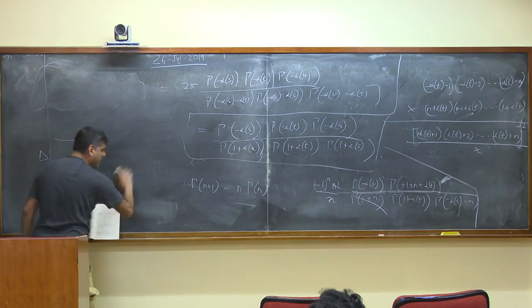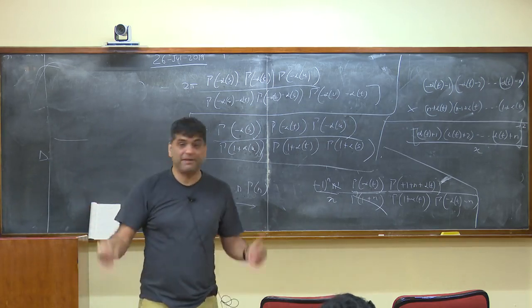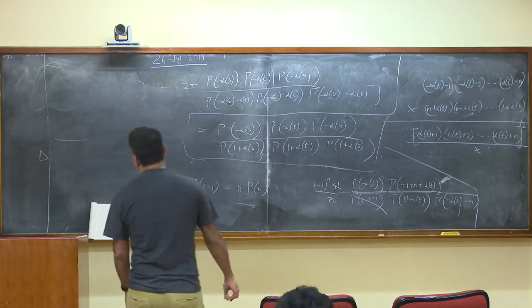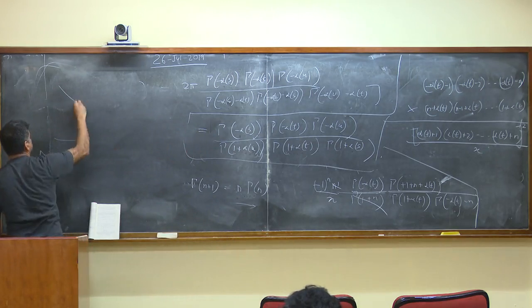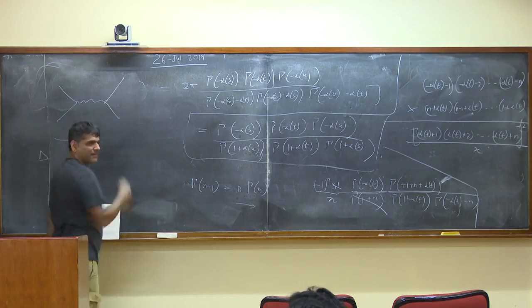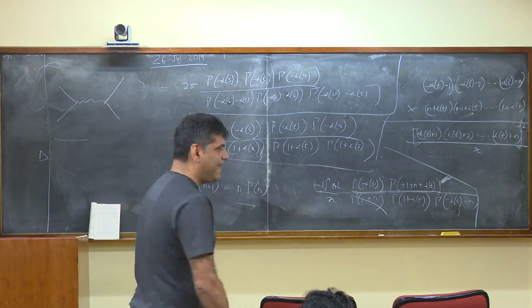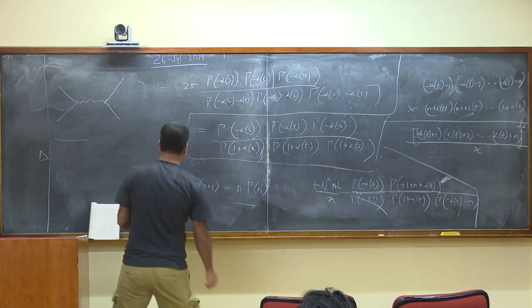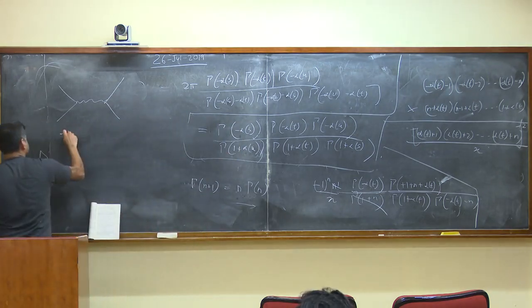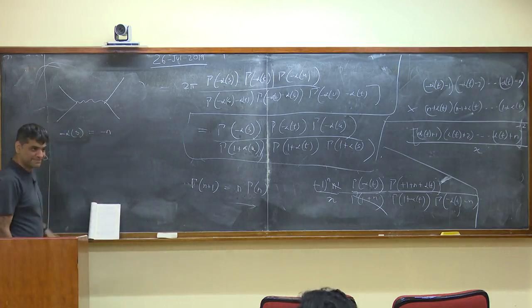Okay, first let's remember what a pole is. When do you get poles in Feynman diagrams? You get poles in Feynman diagrams when you've got a tachyon, or some field, we don't know what it is. Now what is the mass of this field? The mass of this field is, well, minus alpha of s was equal to minus n, that sets the mass.